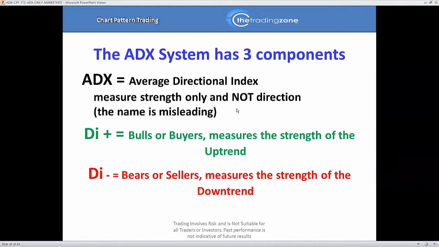It's actually a non-directional indicator. So for whatever reason, the name is incredibly misleading, but don't worry about it. The other 2 parts of the indicator is the DI+, that's directional and measures the bulls or the buyers in the market, and the DI-, which are the bears or the sellers in the market. So those are the 3 components.